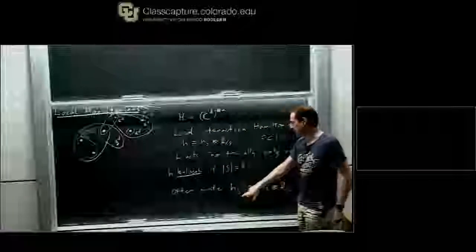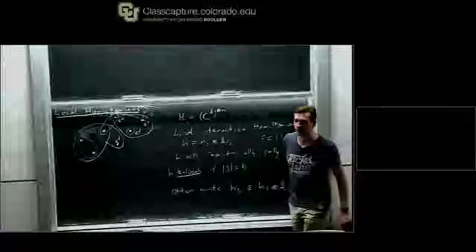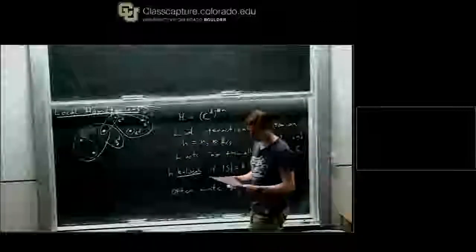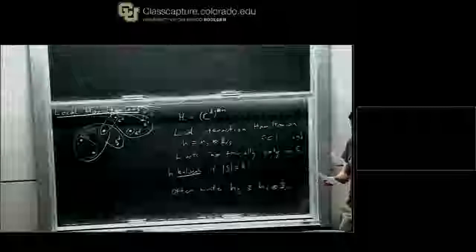Dropping these tensor identities all the time is a bit of a pain. So we'll often just write H sub S, and implicitly the subscript is the particles that this acts on, and then it's tensor identity on the rest of the system. So I have an operator on the entire Hilbert space. Okay, you're used to this from condensed matter physics, and it's a fairly universal convention.